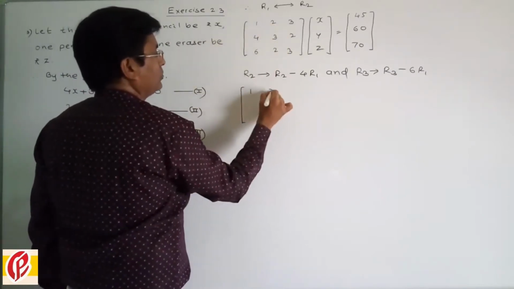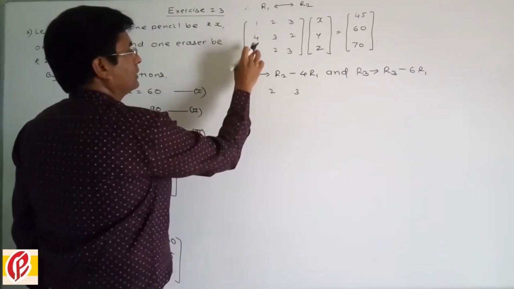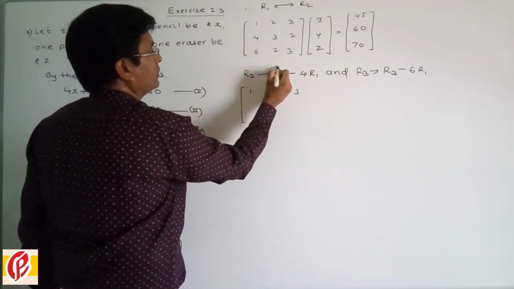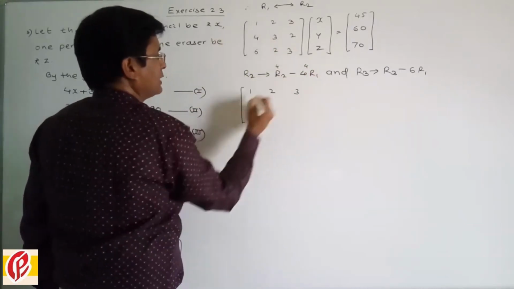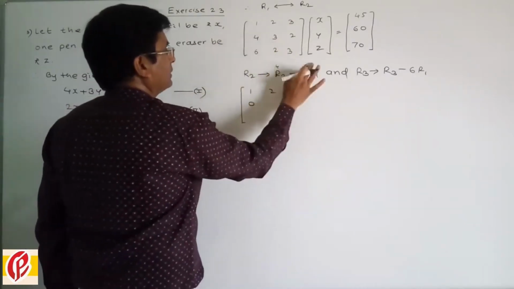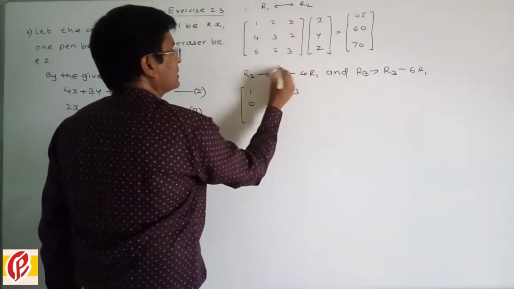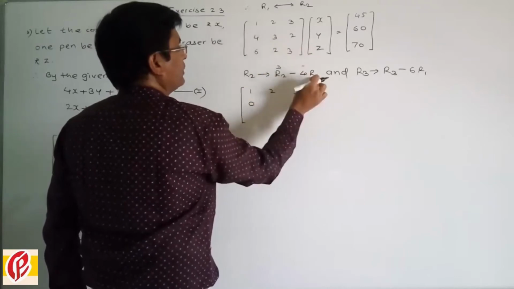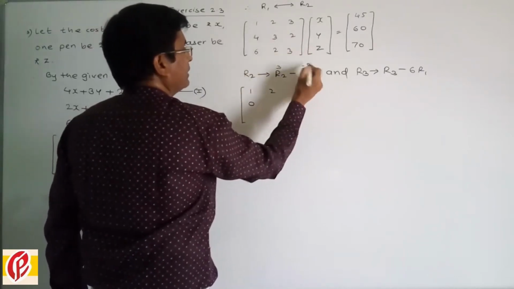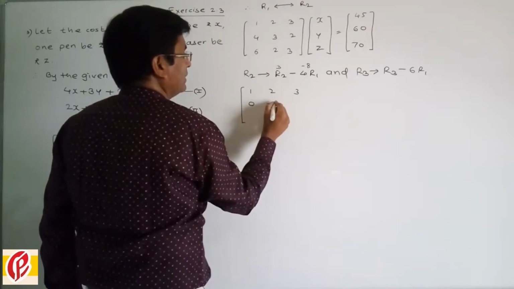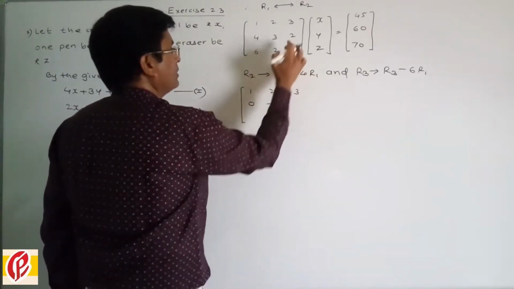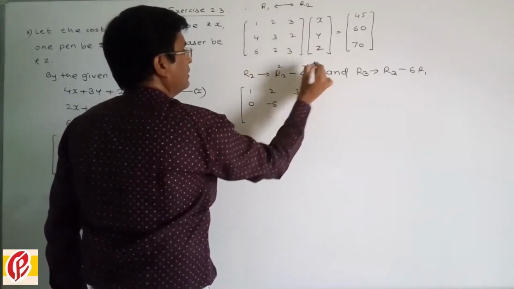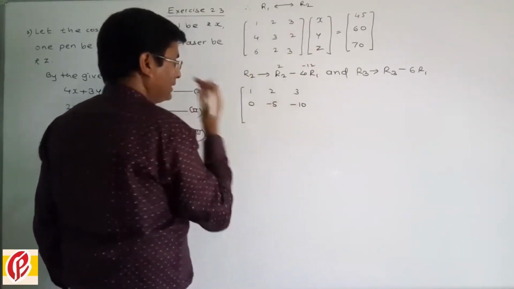Here 1, 2, 3 as it is, and then R2 minus 4 R1: 4 minus 4 times 1 is 0, then 3 minus 4 times 2, which is 8, 3 minus 8 is minus 5. Next is 2 minus 4 3s are 12, 2 minus 12 is minus 10.